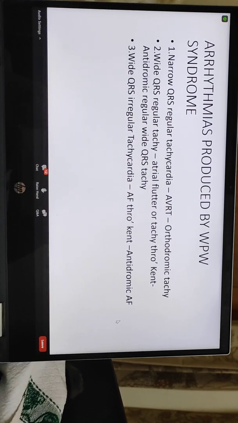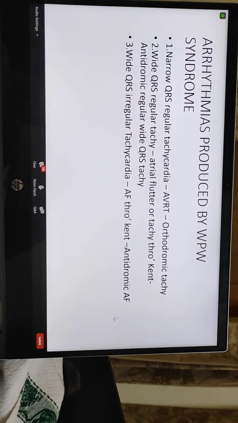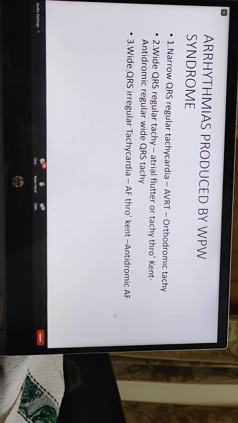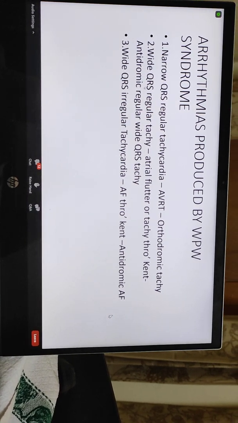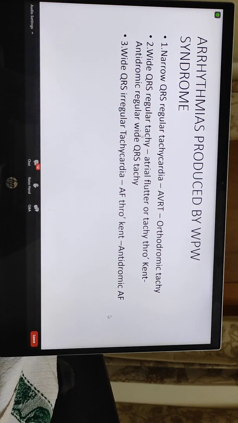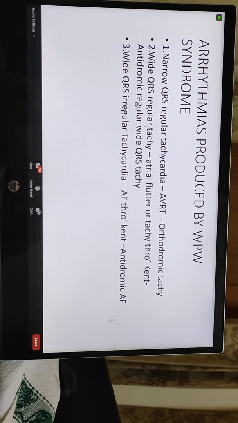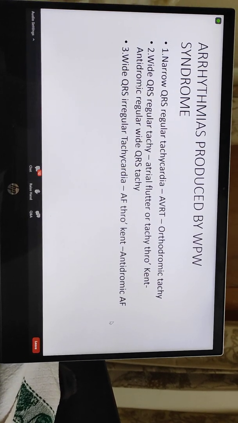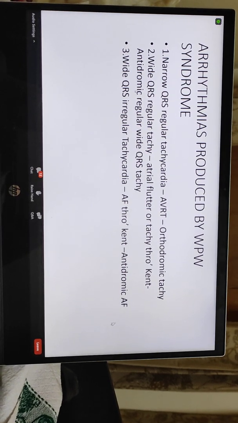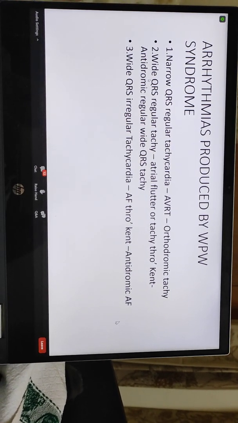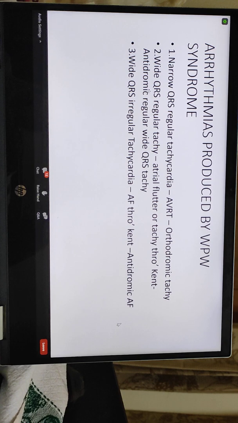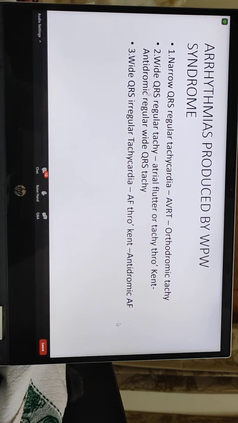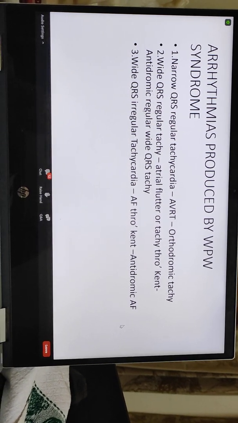Then you can have two types of wide QRS complex tachycardia due to the accessory pathway of Kent. A wide QRS regular tachycardia is where your supraventricular tachycardia, like atrial tachycardia, most often atrial flutter, is conducted through the accessory pathway to the ventricle.